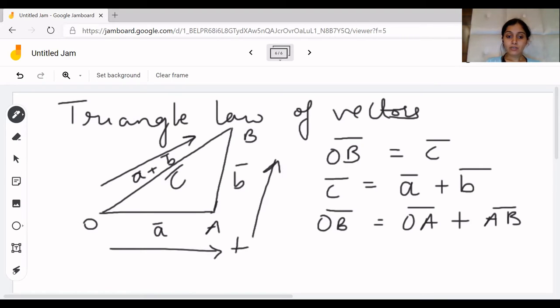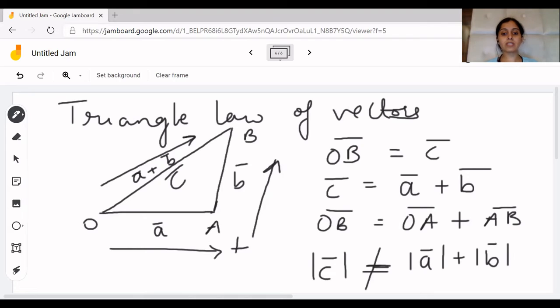Note that the magnitude of c bar is not equal to the sum of magnitudes of a bar and b bar. It is only the vector sum of a bar plus b bar which is equal to c bar. Very important. You cannot say the magnitude of c bar is equal to the magnitude of a bar plus the magnitude of b bar. This property is not for direct addition.